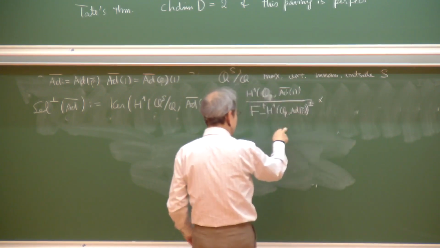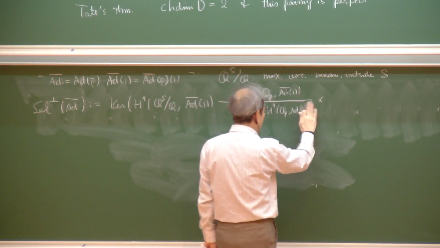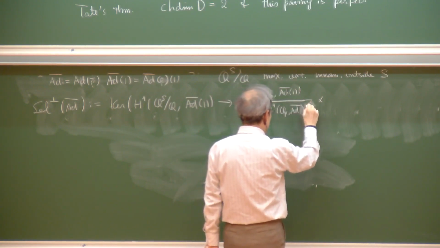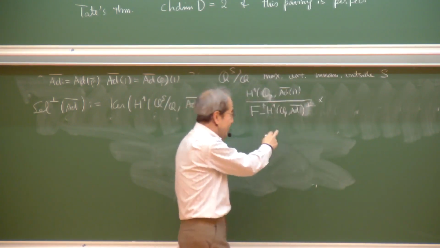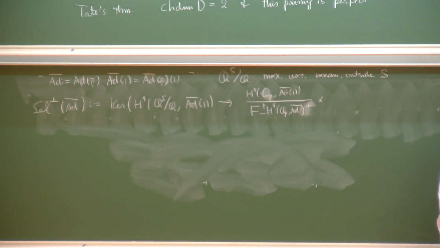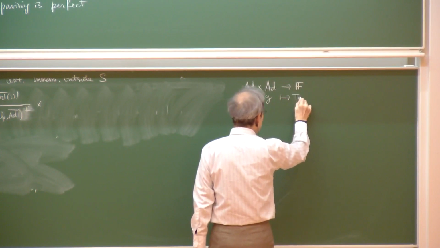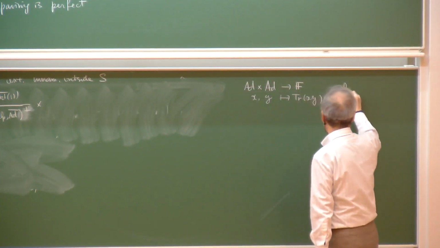This is a subspace of this guy, so you can take Ad rho bar p, and get into this dual guy, right? I mean, Ad times Ad goes to F. This is a matrix. Trace zero goes to trace XY, which is a perfect dual.